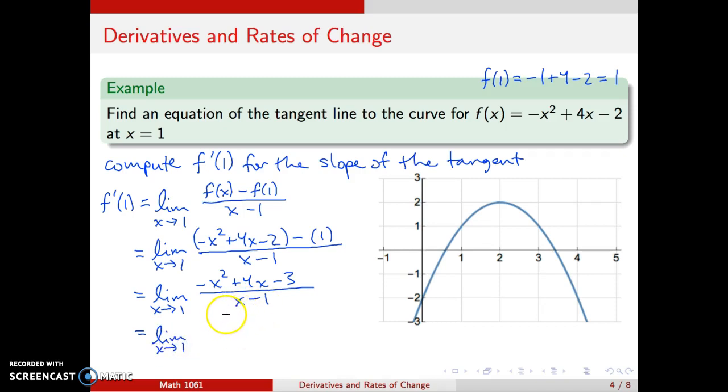And I can factor that numerator as, let's see, what would it be? How about x minus 1 times x minus 3?